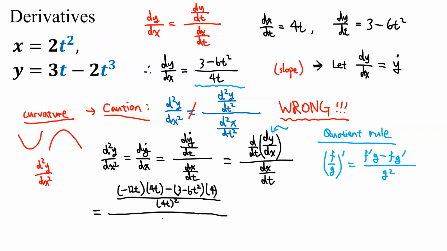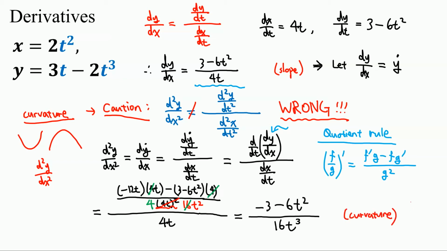And dx over dt is simply 4t. So here, notice that this is 16t squared, and we can cancel out this 4 with this 16, leaving only 4 here. Therefore, we have 16t at the denominator, and in the numerator, we have minus 3 minus 6t squared. And this is the second derivative that gives the information about curvature.